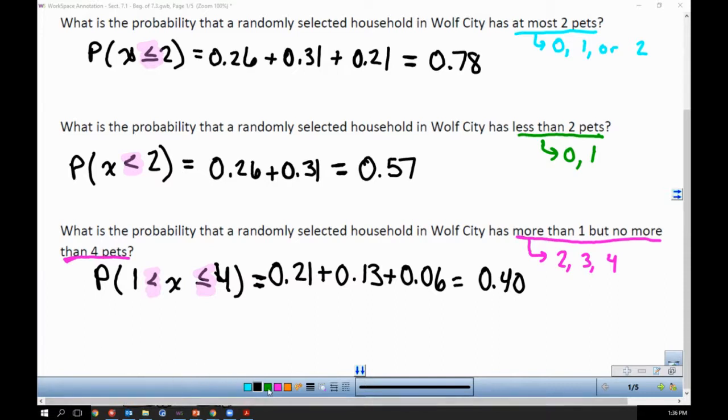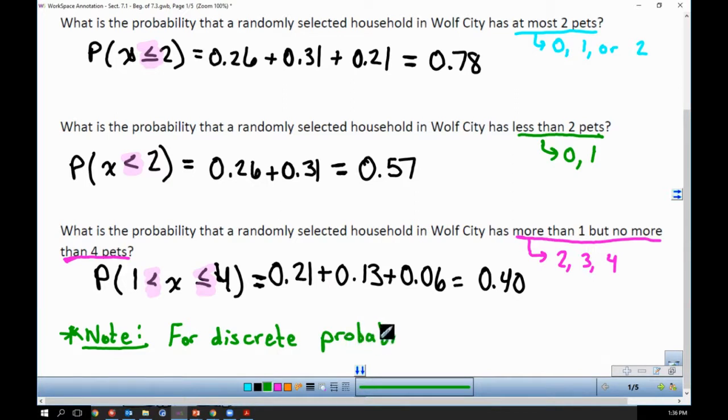So let's make a note here that for discrete probability distributions, you must pay close attention to the signs. This note's a little bit long, but I'm writing it just like y'all are.